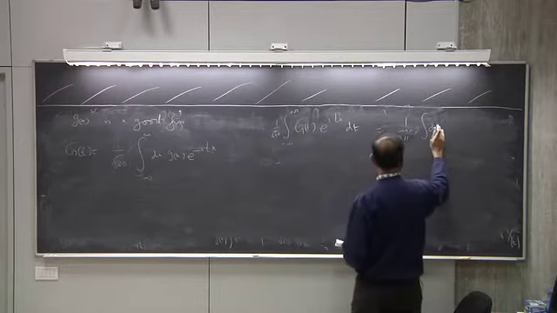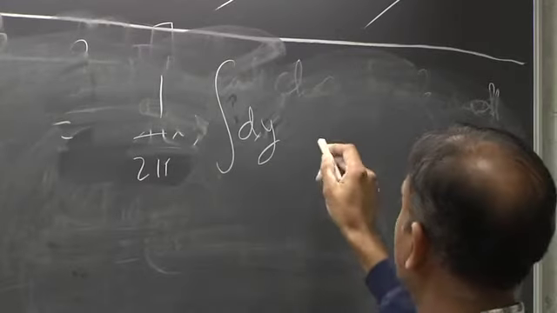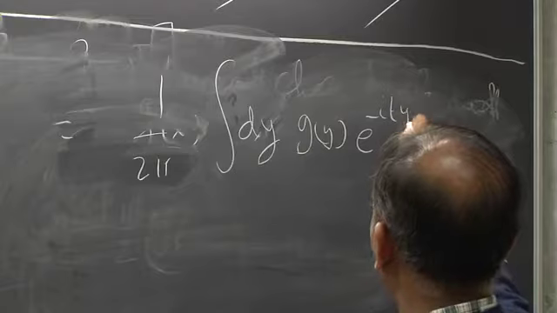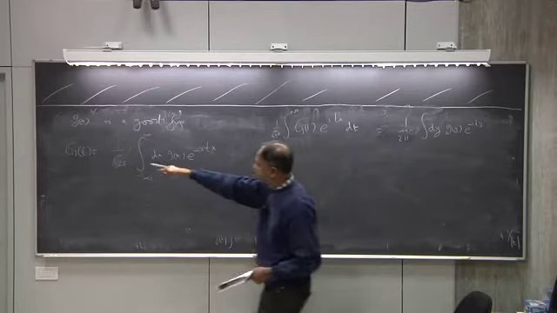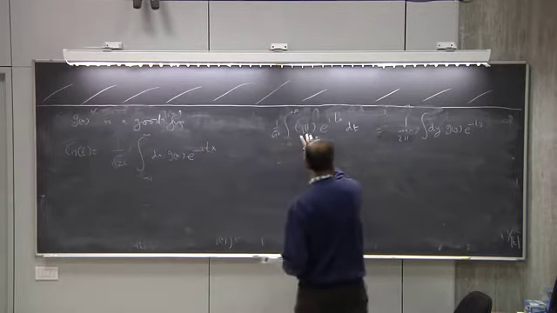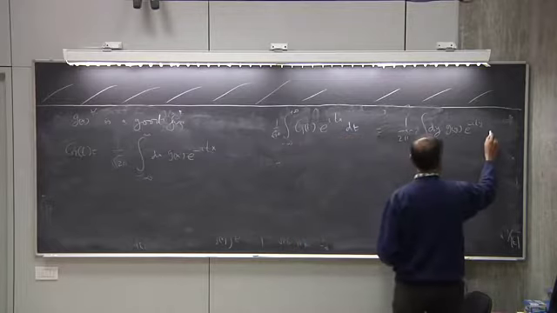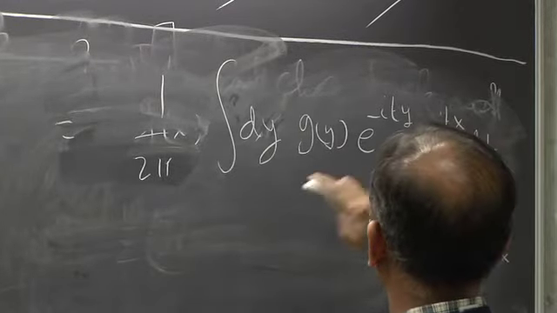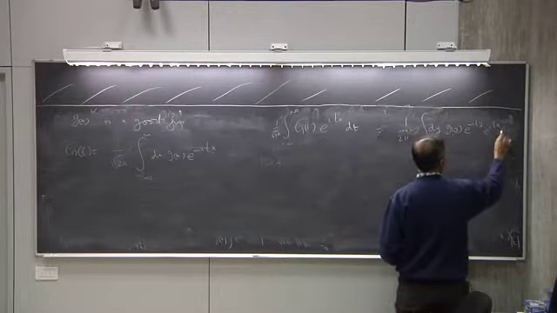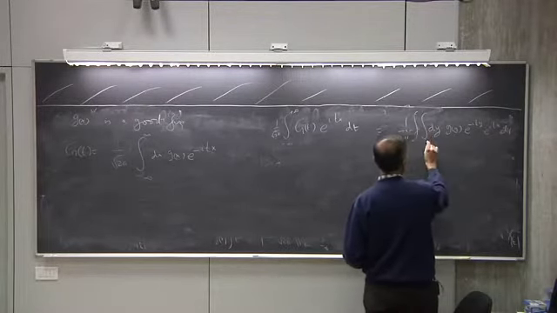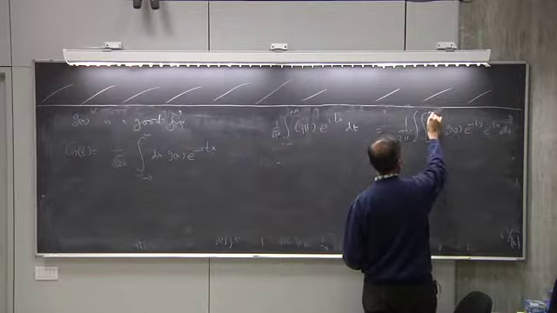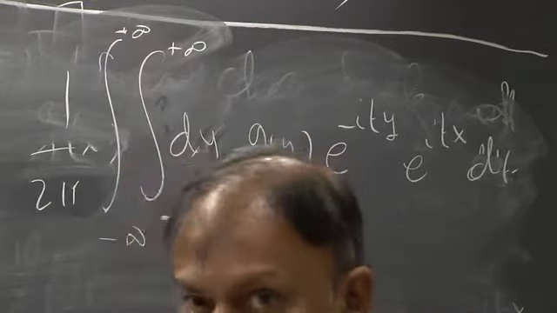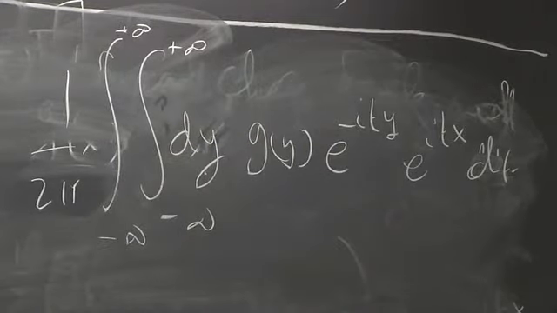So let me use y: dy, g of y, e to the minus i t y. That is the capital G of t, so I substituted that there. Then I have to multiply this by e to the i t x, and then integrate dt. So this is a y integral, and then there is a t integral. Right? I just substituted G of t.